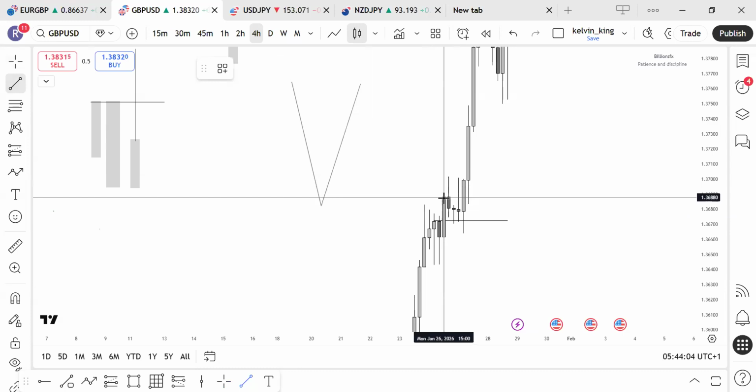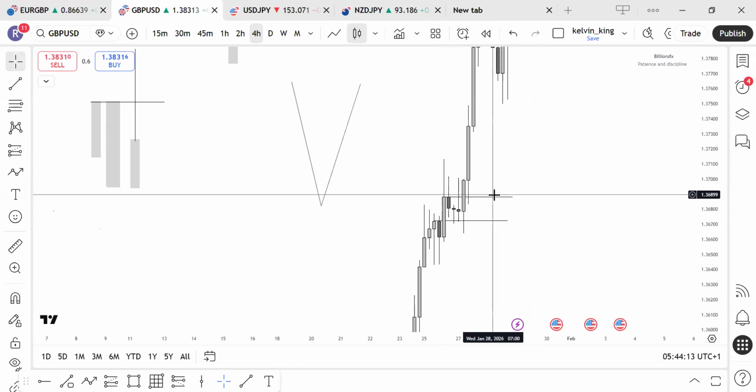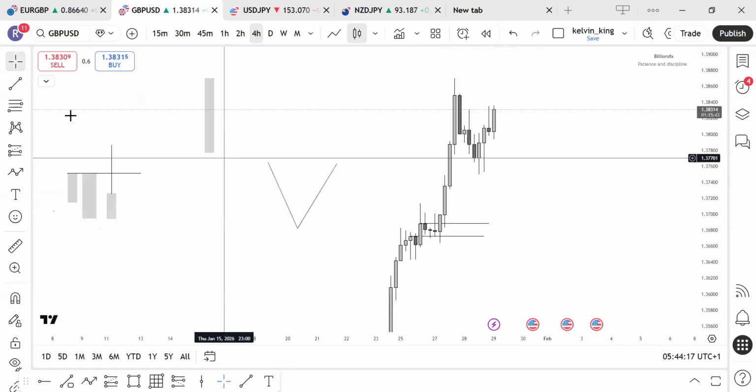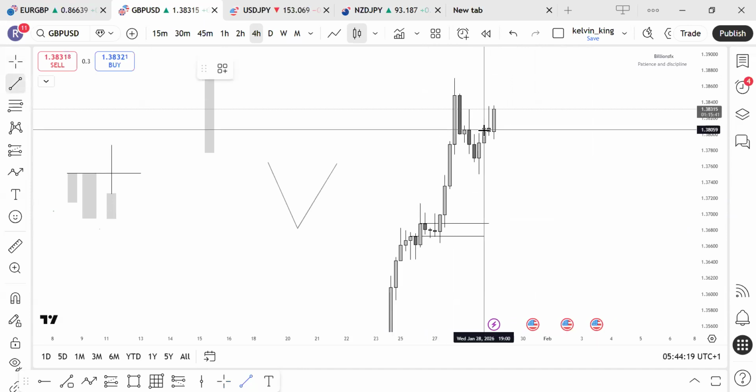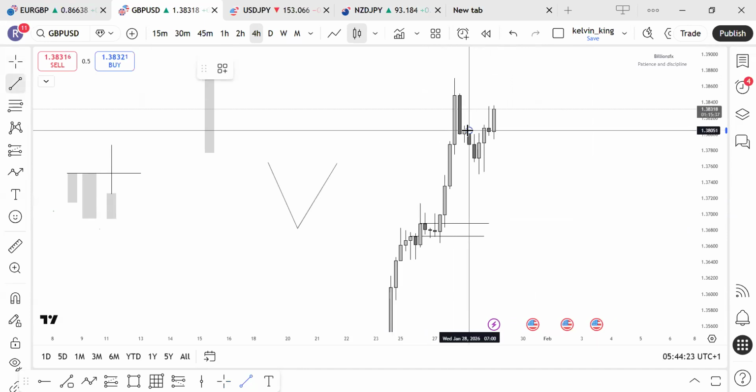This guy has it, but it's not the third candle that got rejected. So we are going to say that it does not have that kind of rejection we want. Then, if you also notice, there is no third candle rejection here in 4 hours.